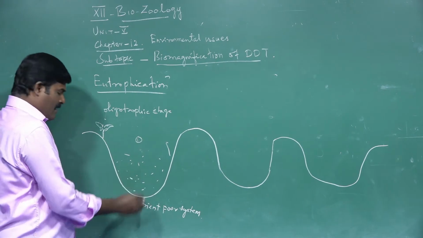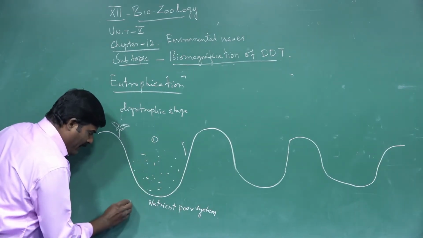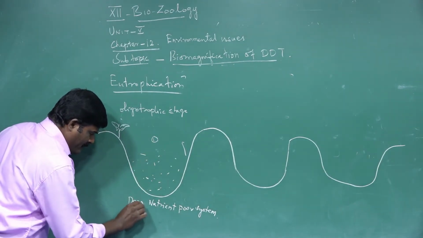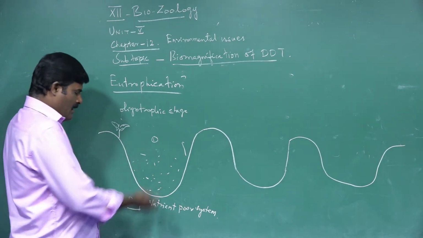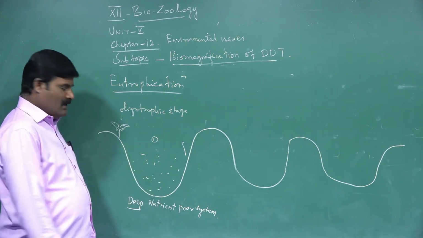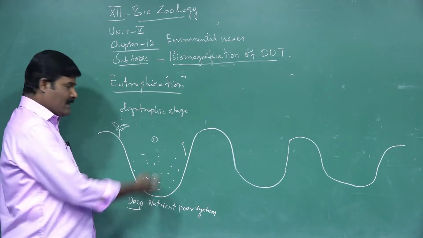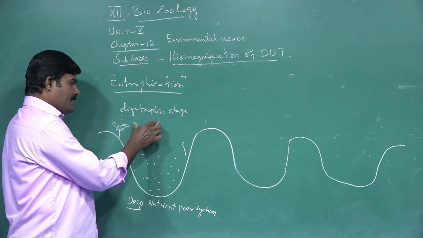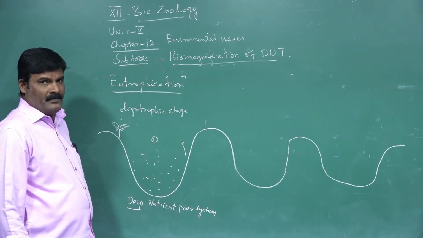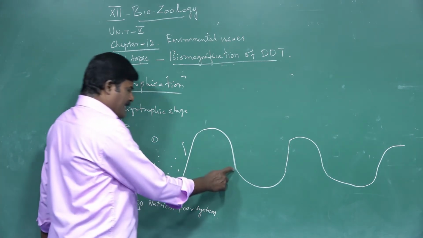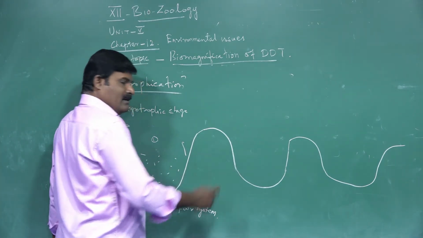This kind of lake is deep. If the water is deep, clear and always cold, this kind of stage is called oligotrophic.